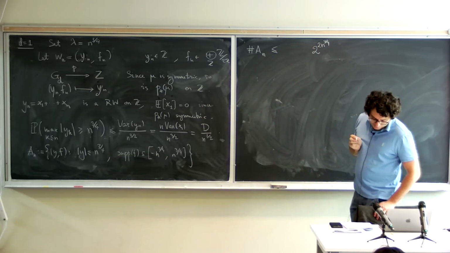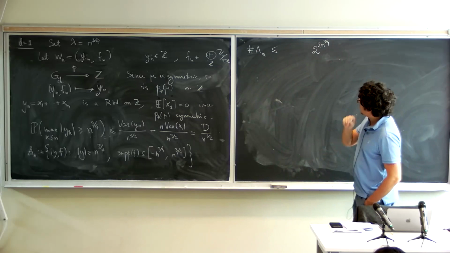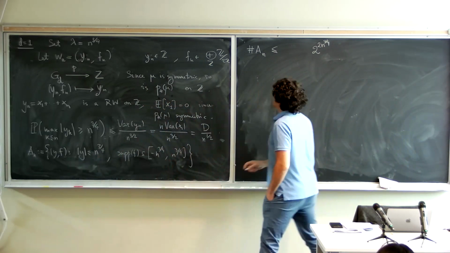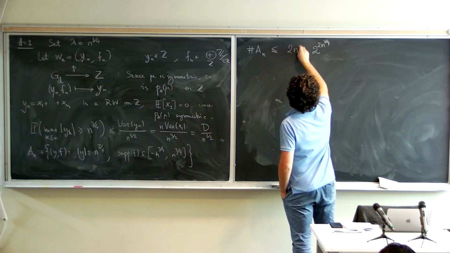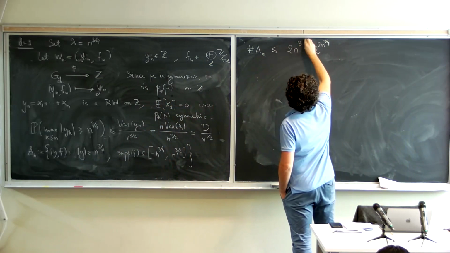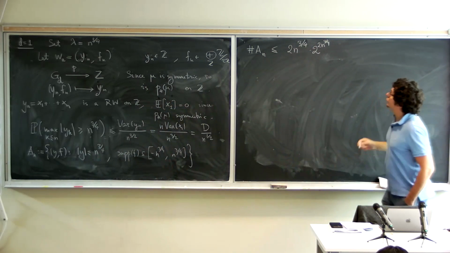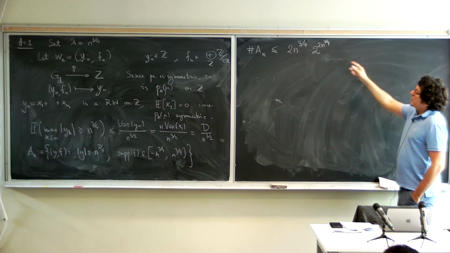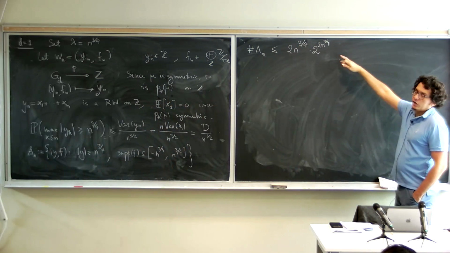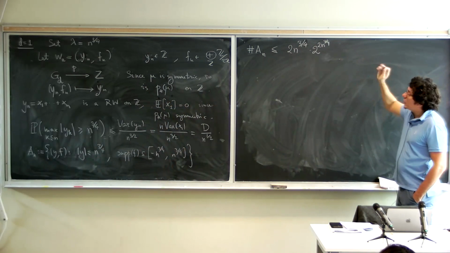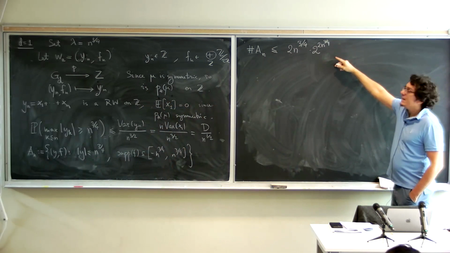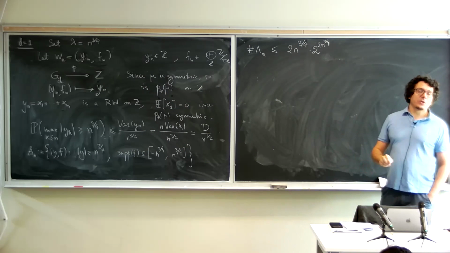And then we have the cardinality of the possible projections, which is again 2 to the n to the 3/4, I think. So what is kind of neat is that this is still sub-exponential, because this n is to the 3/4.